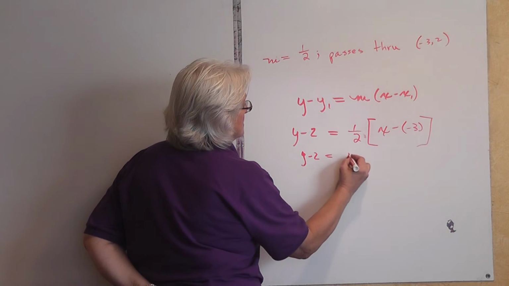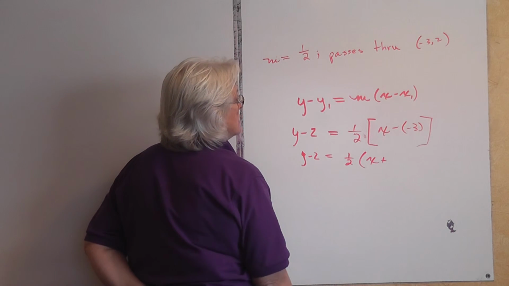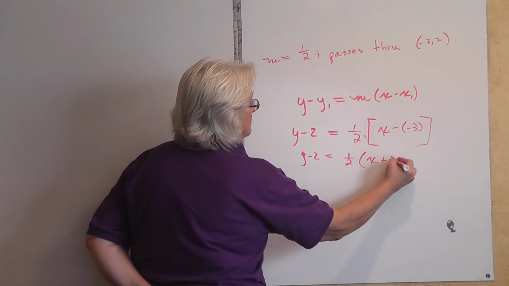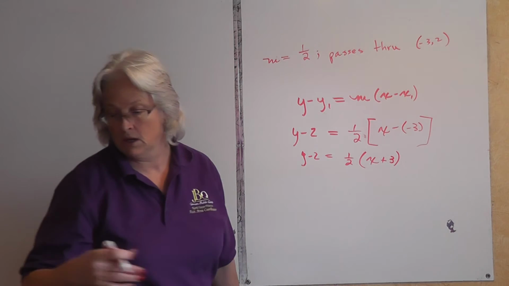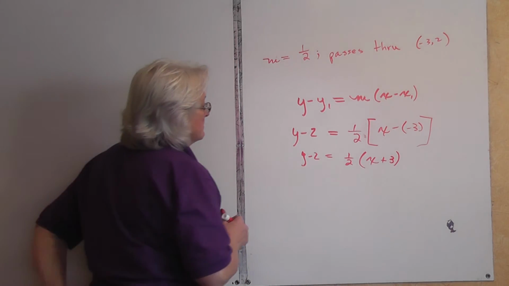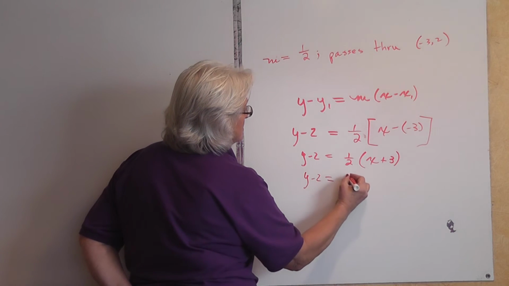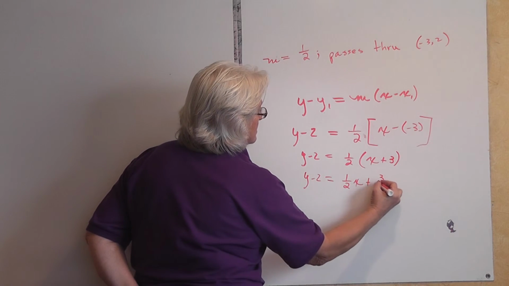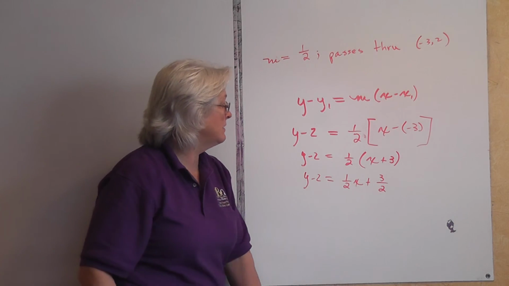Y minus 2 is 1/2 times the quantity x plus 3. We're going to have to distribute our 1/2. Y minus 2 is 1/2 x plus 3/2. 1/2 times 3 is 3/2.